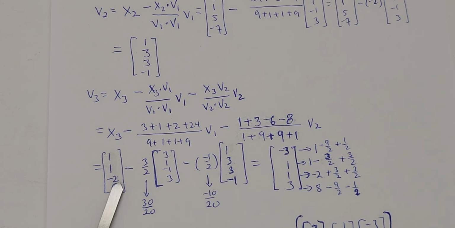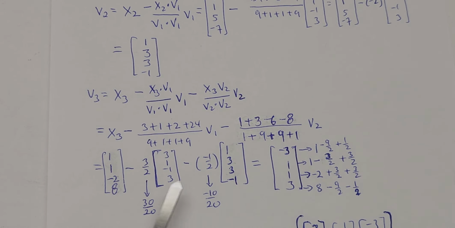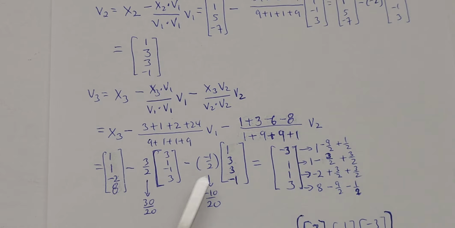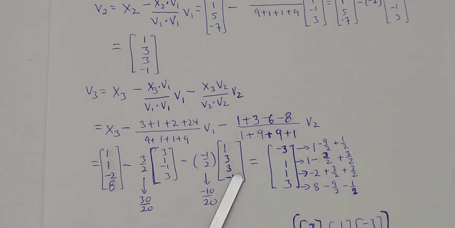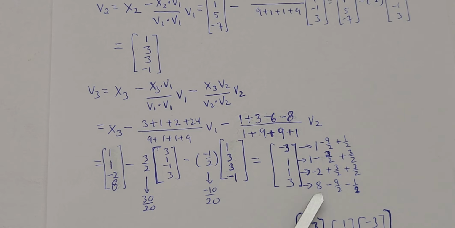This gives me positive times 3, so 3 over 2. Next, negative 2, so here's negative 2, and negative 3 over 2 times this negative 1, which gives me this positive 3 over 2. This right here becomes positive times this 3, which gives me this 3 over 2. Okay, and then the last one, 8, so here's 8, and then negative 3 over 2 times 3 gives me this negative 9 over 2.